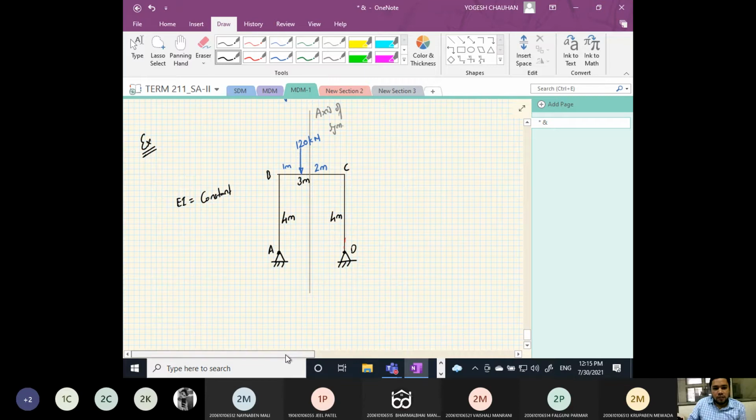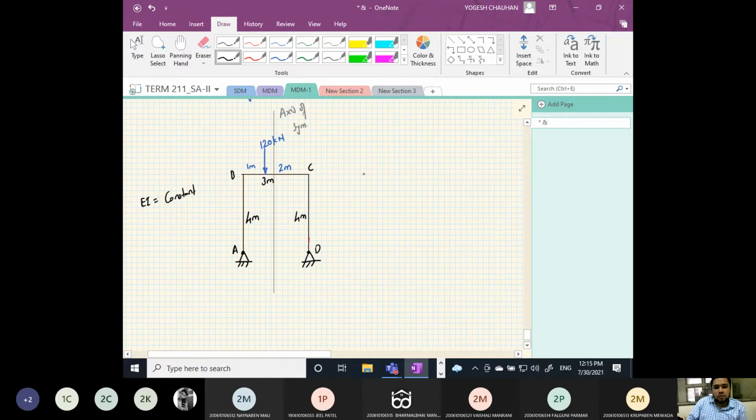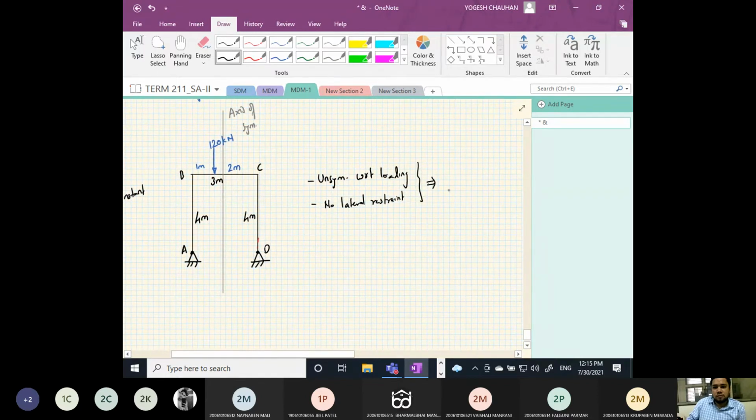So first you have to identify whether the frame is a sway frame or a non-sway frame. So here the frame is unsymmetric with respect to loading, and again there is no lateral restraint. So this implies the frame is a sway frame.